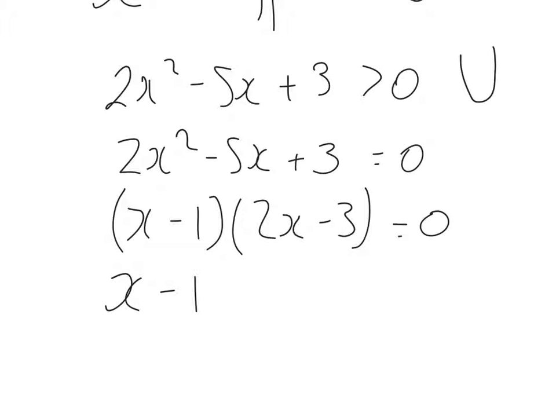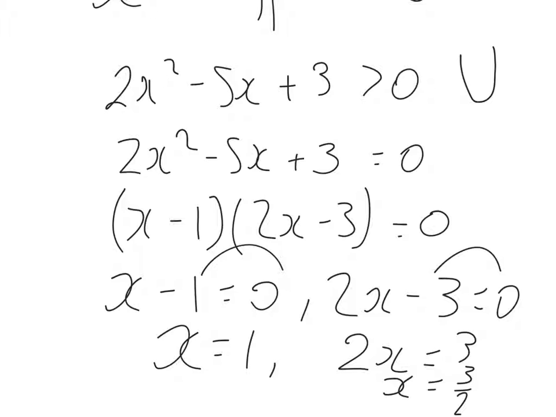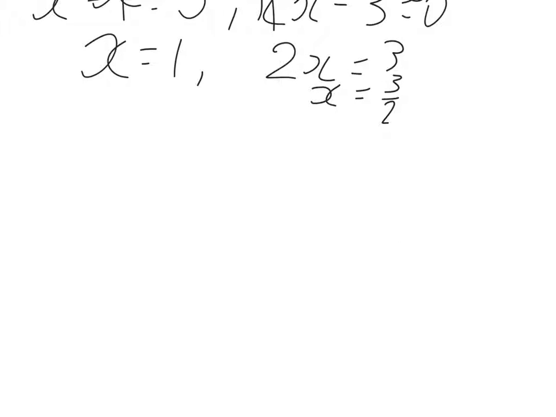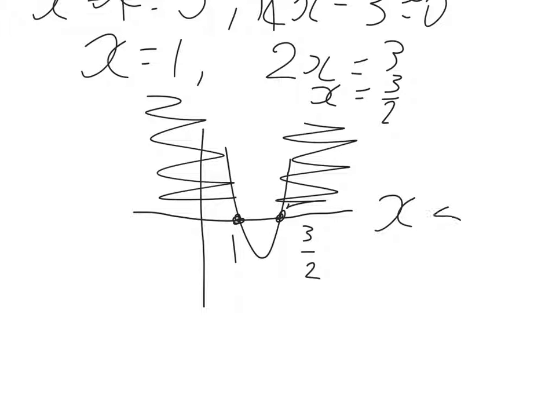Then I get a root at x equals 1, and that will be 2x equals 3 and x equals 3 over 2. Now the question's asking where the thing's greater than 0. So we've got a root of 1 and a root of 3 over 2, and it's greater than 0 up here and here. So that's x is less than 1 and x is greater than 3 over 2.